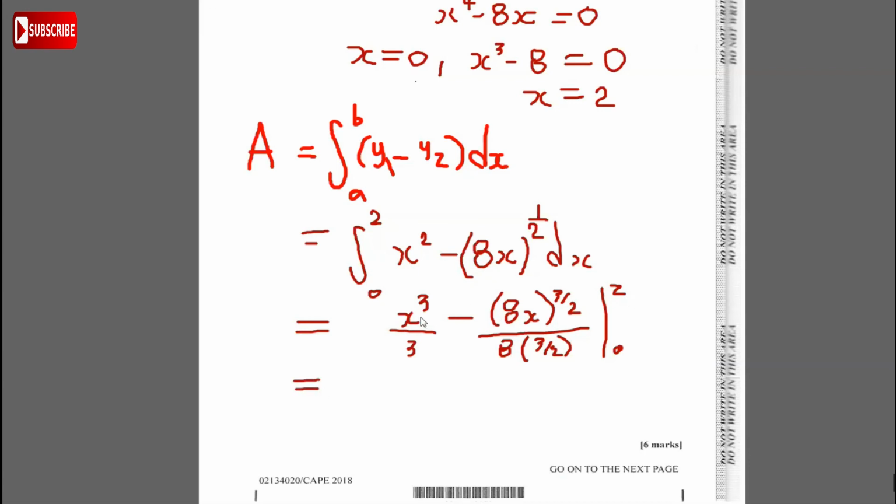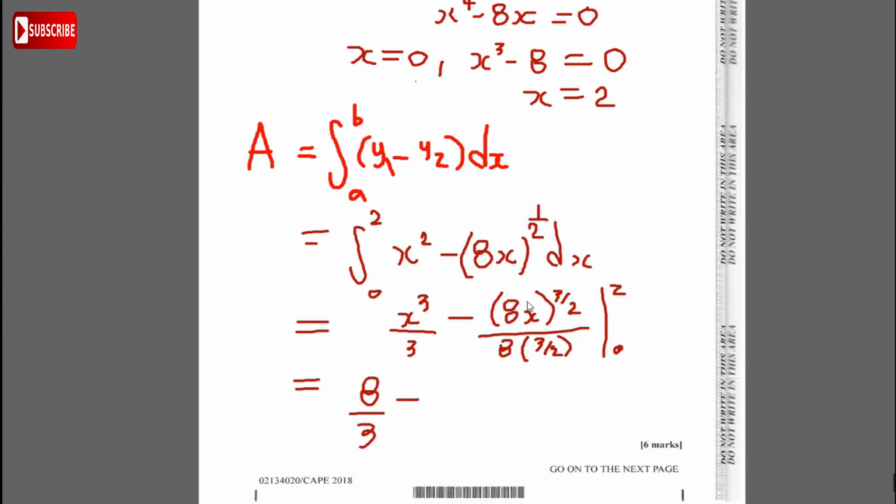So when you plug in 2, you're going to get 2 cubed over 3, which is 8 over 3, minus, when you plug in 2 here, 8 times 2 is 16. So we have 16 raised to the 3 over 2, which is 64, divided by 8 times 3 over 2.